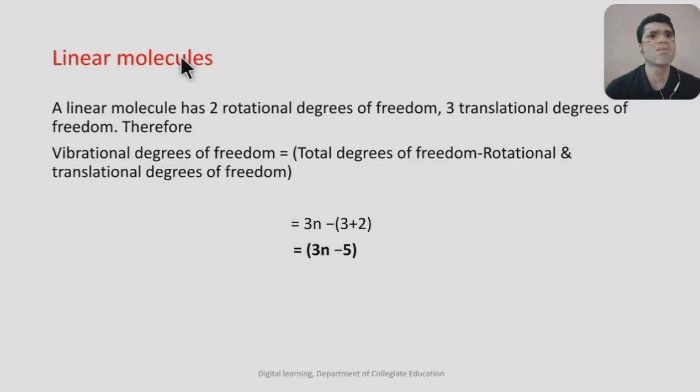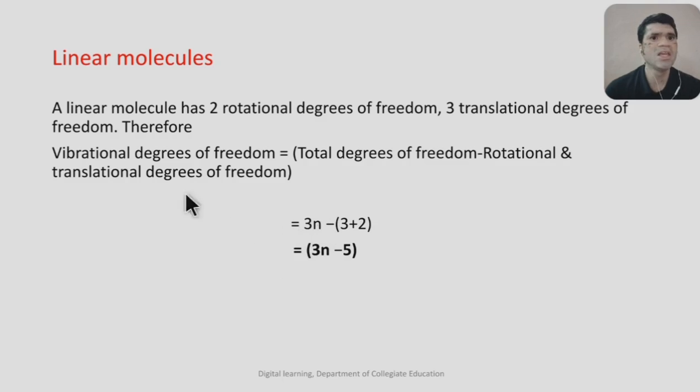For linear molecules, the total number of degrees of freedom is given by 3n minus 5, where 3n is the total degrees of freedom, that means it contains vibrational, rotational, and translational degrees of freedom.